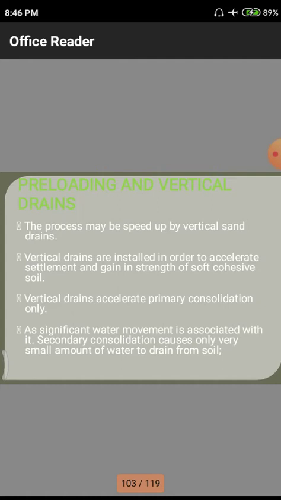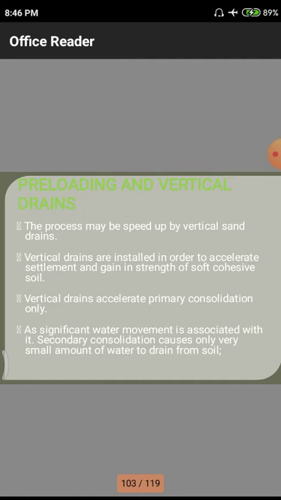Next one, a significant water movement is associated with primary consolidation, while secondary consolidation causes only a small amount of water to drain from the soil. That means in the secondary state also, by applying loads and other things, there may be a small amount of water removed from the soil itself.